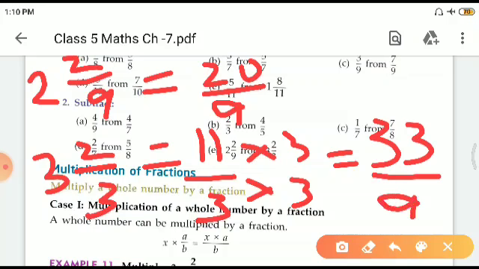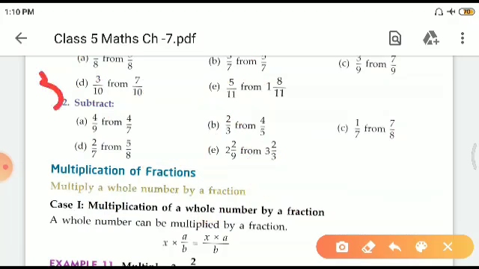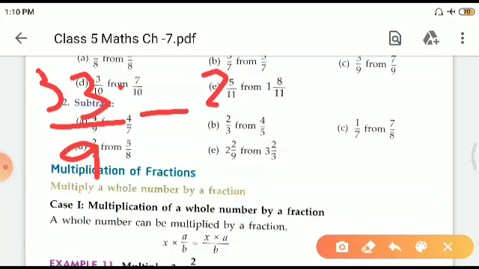Right? And then we have to subtract 20 by 9 from 33 by 9, right? So further what I will be doing is I will be writing 33 by 9 minus 20 by 9.